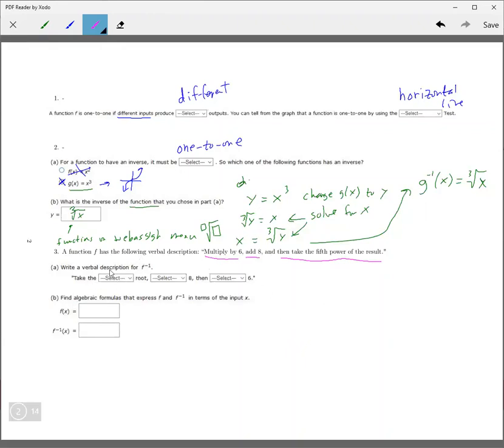To reverse that process, you start with what was done last and reverse it first. Taking the 5th power is reversed by taking the 5th root. Then you reverse this, so you subtract 8. And then you reverse this one, so you divide by 6.